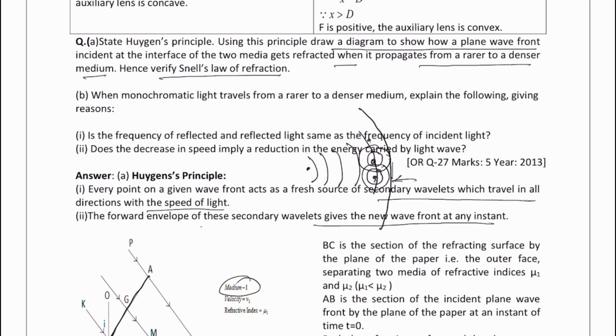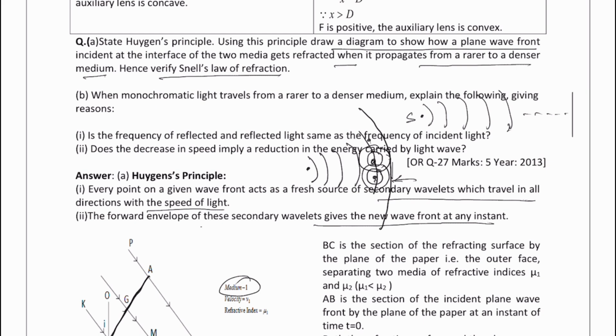We know that this is a plane wavefront. Why plane wavefront? Because the source of light is at infinity. As it advances, the radius of curvature increases, it becomes less curved, so ultimately after infinite distance it becomes plane.